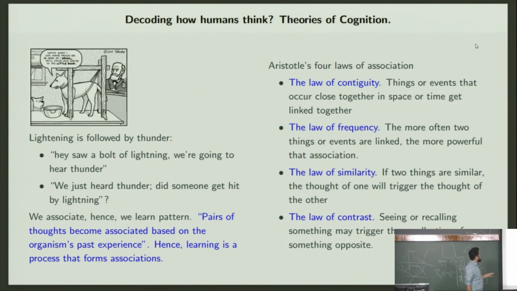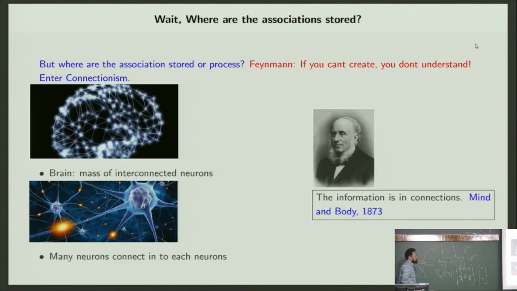Some initial theories were the law of contiguity, law of frequency, law of similarity. If you see similar things again and again, you are good at recognizing. Sometimes if you see opposite things, you are good at recognizing. Sometimes if you see things quickly enough, you remember. So there were these initial proposals of what could be the way the learning process happens.